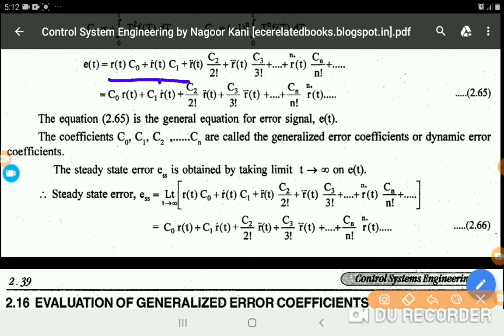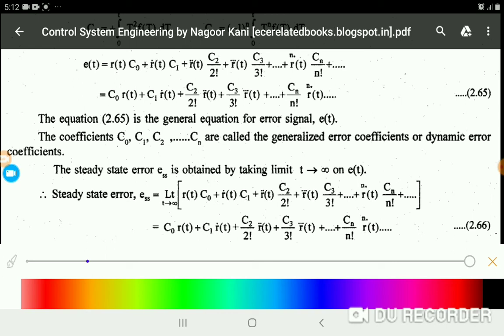Similarly r dot of t with c1, then c2, c3 up to cn terms. This equation is called the error signal e of t as a general equation.